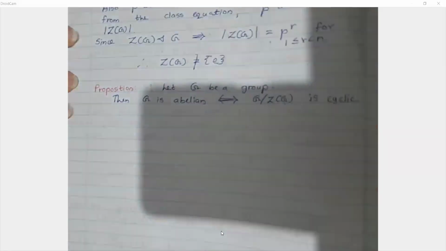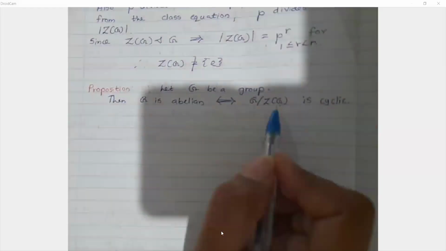If G is abelian, this quotient group is cyclic. On the other hand, if the quotient group is cyclic, G must be abelian.